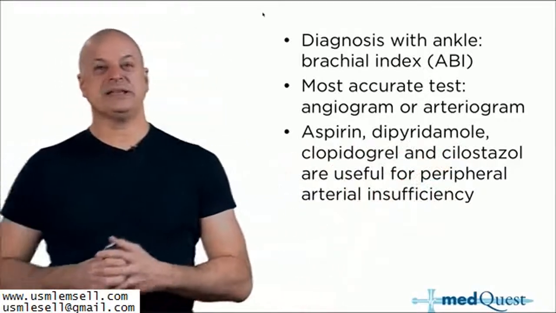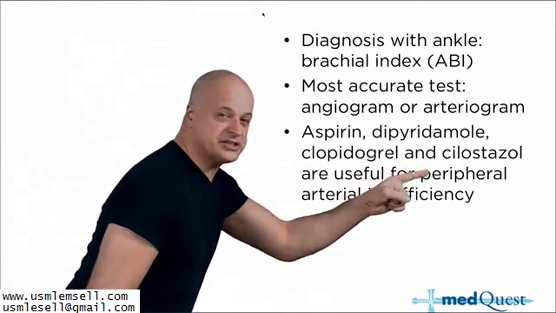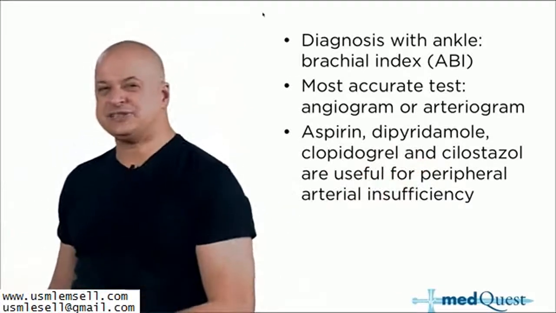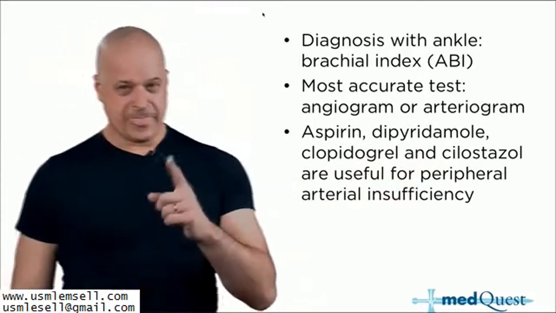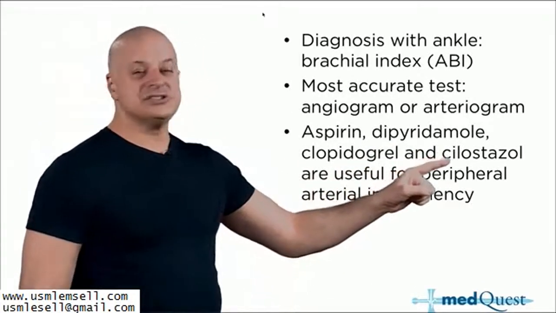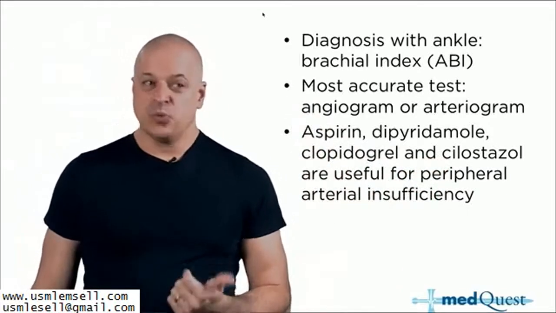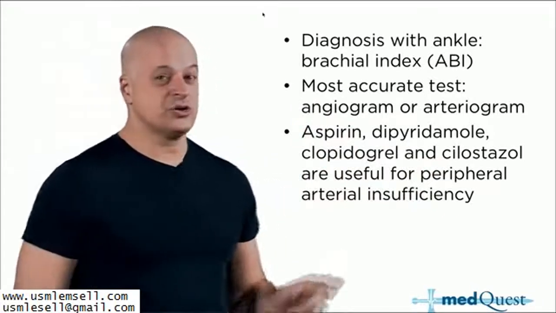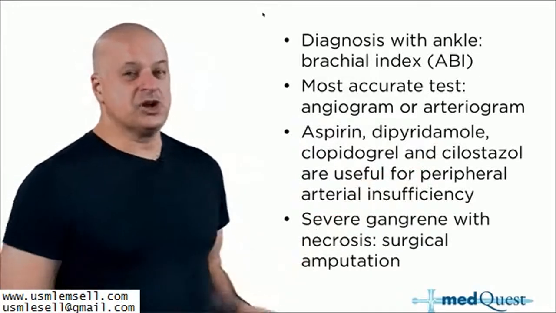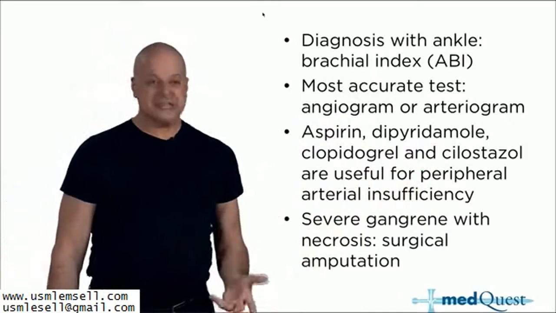Cilostazol is an antiplatelet, antispasmodic medication that is for one disease and one disease only, peripheral arterial disease. Gangrene results in the loss of a limb. It is a vascular amputation.